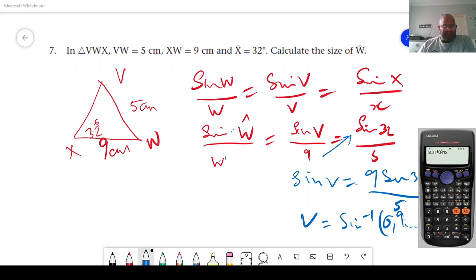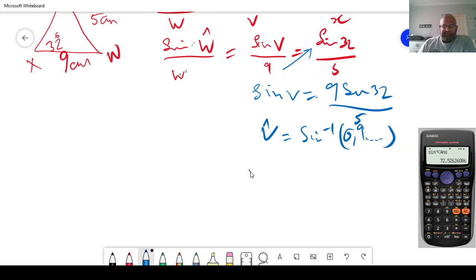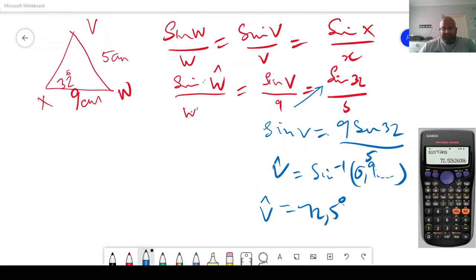Now remember, answer is the last answer calculated on the calculator. So your angle V works out to be 72,5 degrees. But remember, the question was, what is the size of angle W?